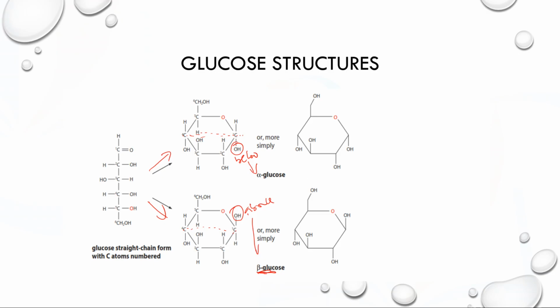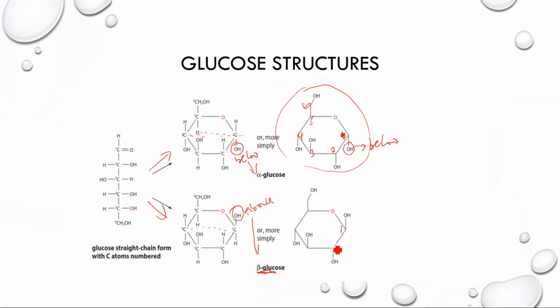So this is another way of drawing the structure of beta glucose. Come to the first carbon atom: first, second, third, fourth, fifth, sixth. The OH attached to the first carbon atom is below, so we also call it alpha glucose.